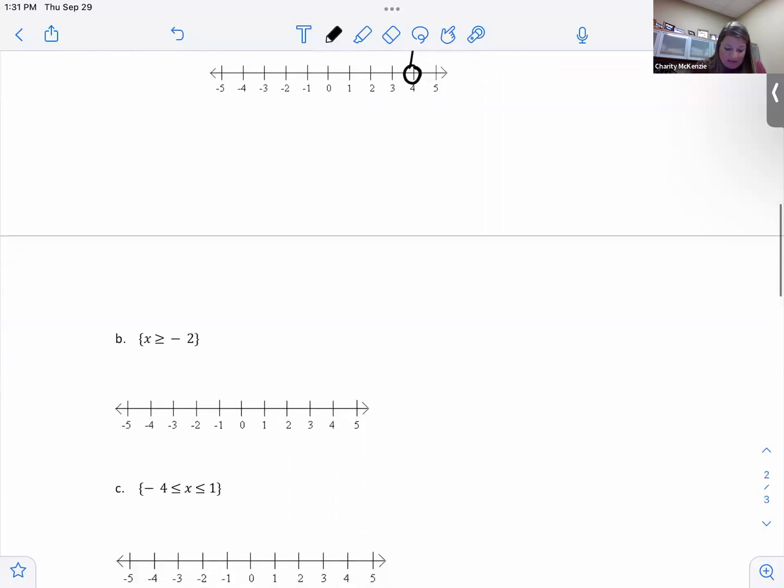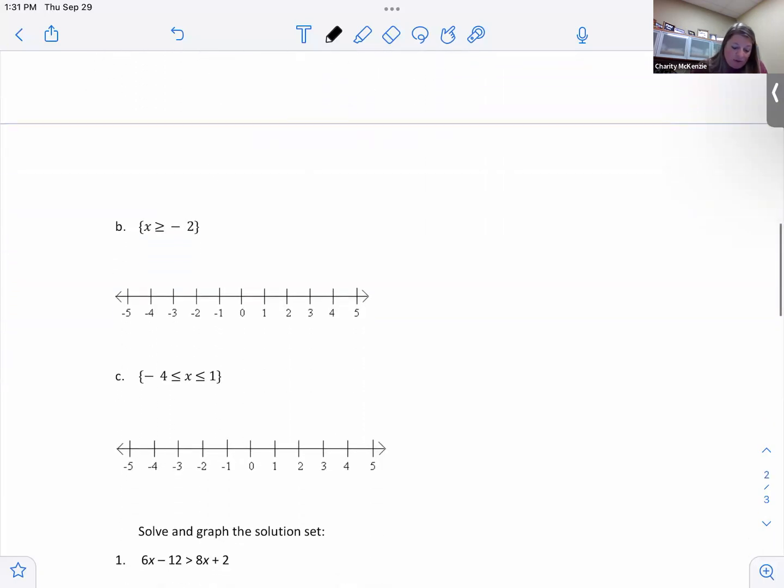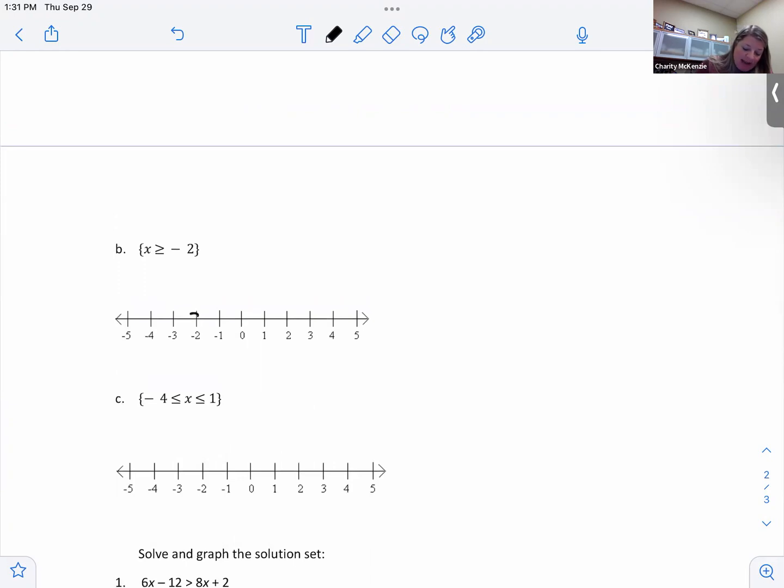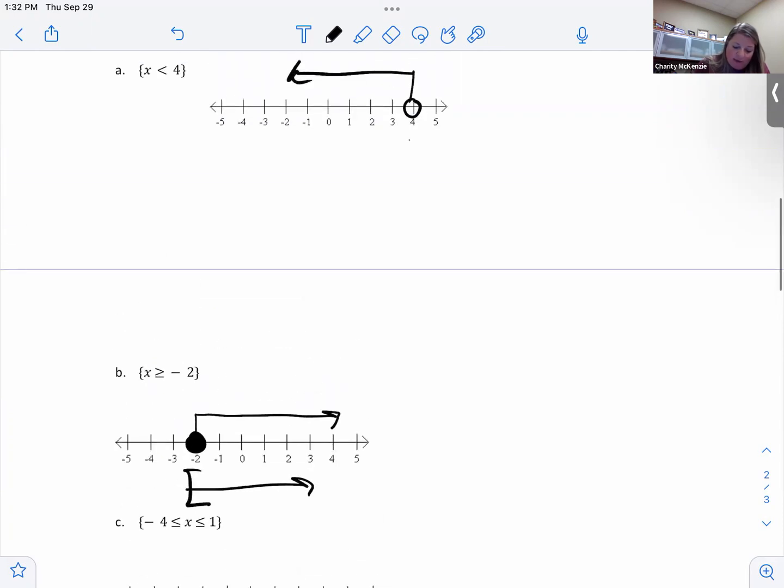Okay. Next one is greater, so we go to the -2, and it's or equal to, so we do closed, and it's greater. Okay, could this have been a square bracket and greater? Sure. Could this have been a round bracket? Yes. We don't see that as much on the graphs, but we do see that on occasion.